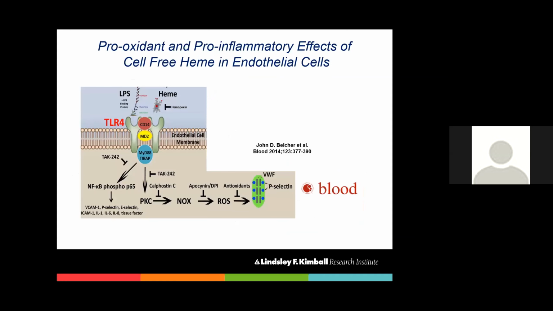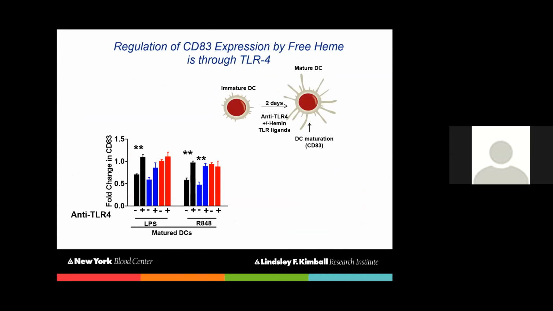It has been shown by beautiful work from Belcher and Vercellotti that heme binds to toll-like receptor 4 and induces this pro-inflammatory oxidant pathway. So we asked whether this down-regulation of CD83 is occurring through TLR4.